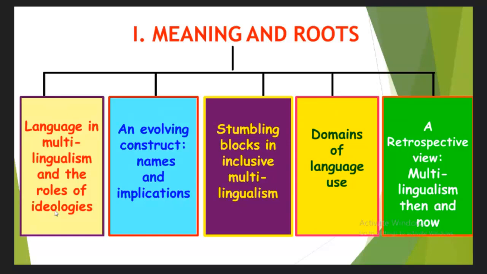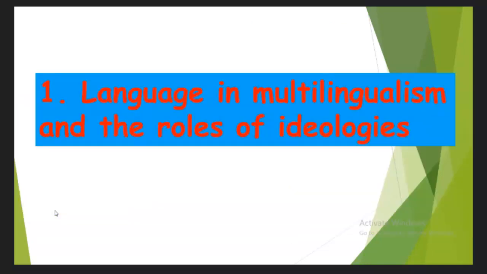The next one is some obstacles or stumbling blocks that can hinder or affect multilingualism. The next one is the domains of language use, and the last one is a retrospective view of multilingualism in the past and present. So the first one is we will discuss language in multilingualism and the roles of ideologies.